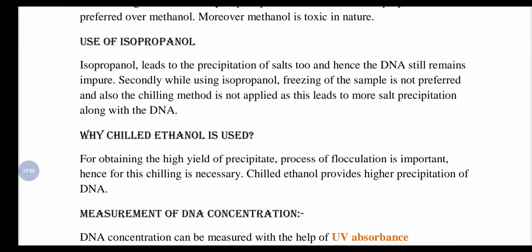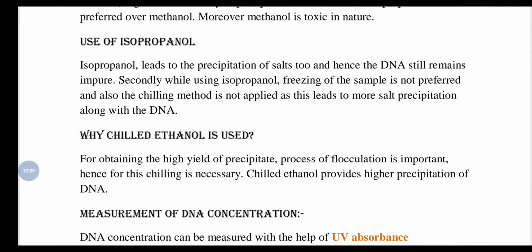We don't require this salt. So when we use salt, we avoid using isopropanol along with it, especially chilled isopropanol. We never do the freezing step there, because freezing and chilling will lead to more and more salts being precipitated along with the DNA.